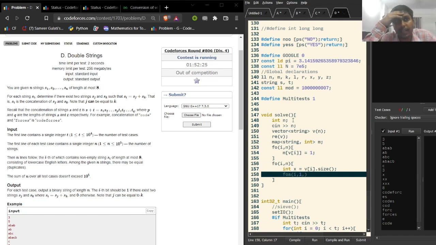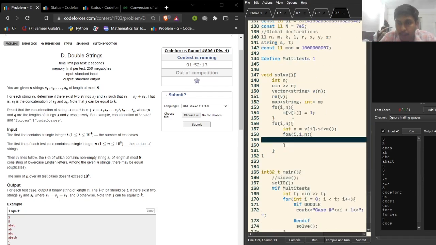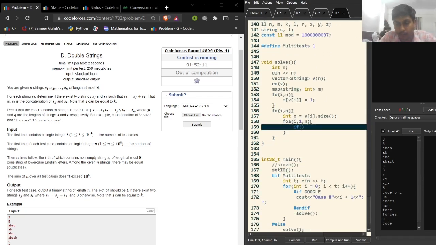So overall size is n, so we want to go till n minus 1. Yeah, this should be good. Minimum size 1, maximum size n minus 1. If both of these strings are present, so let's find out both strings. So string s1 is vi dot substring.